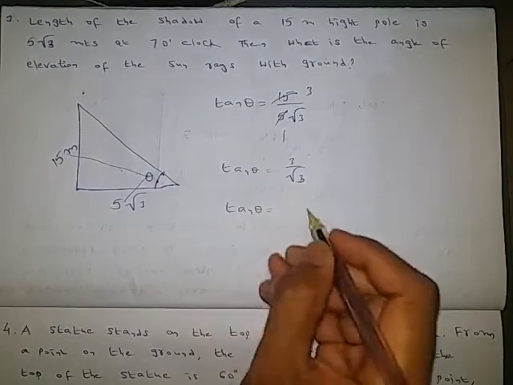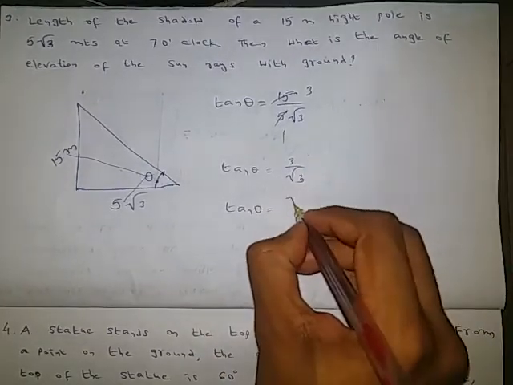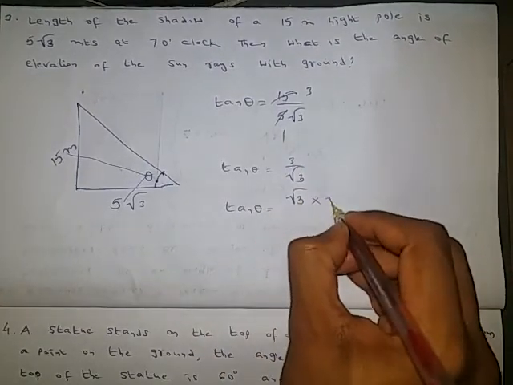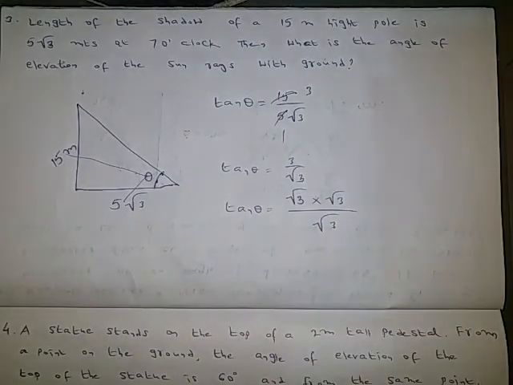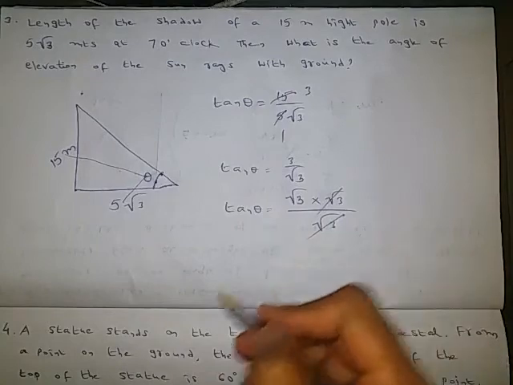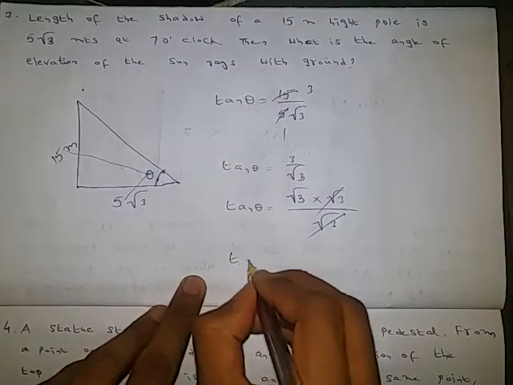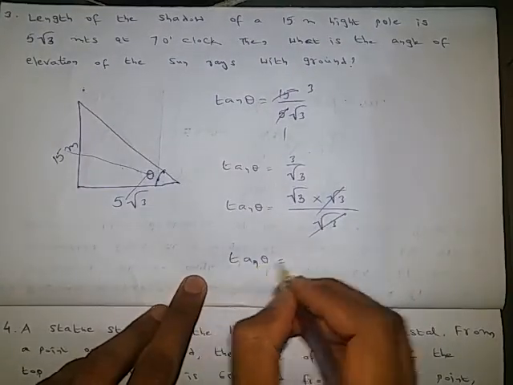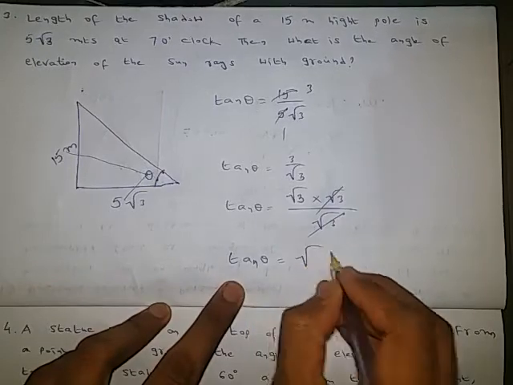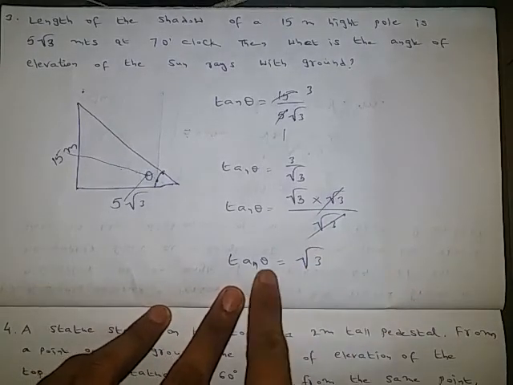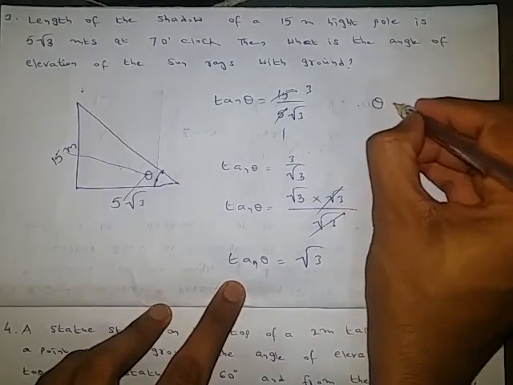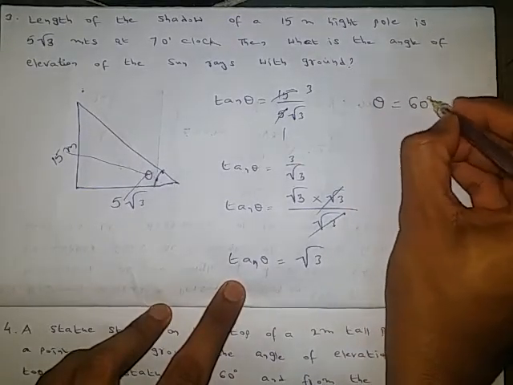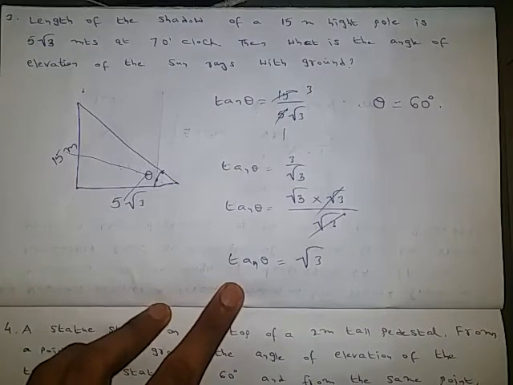This 3 can be written as root 3 into root 3, whole divided by root 3. So here root 3 will get cancelled, and we are left with tan theta equal to root 3. Which angle has tan root 3? That is 60 degrees. So theta is 60 degrees.